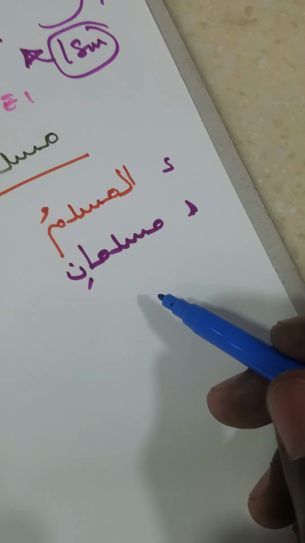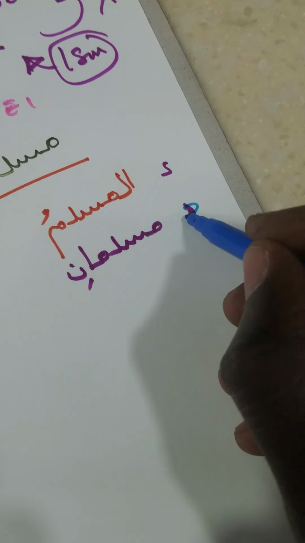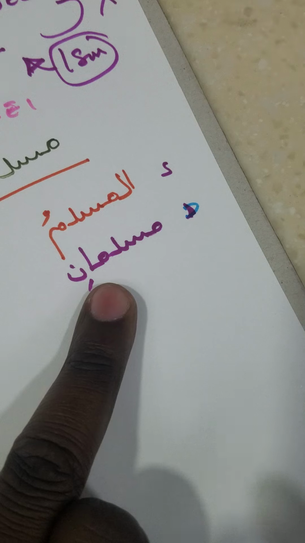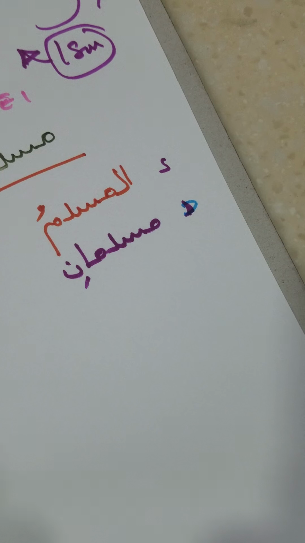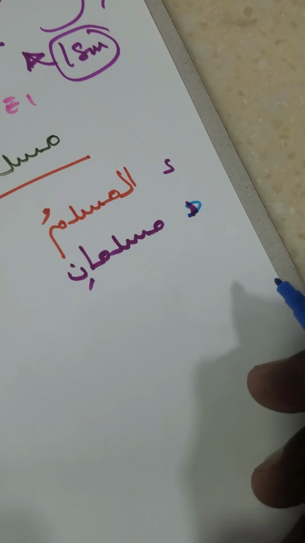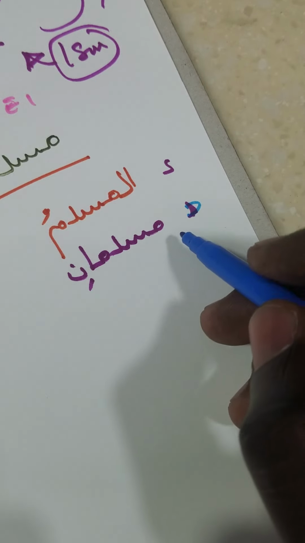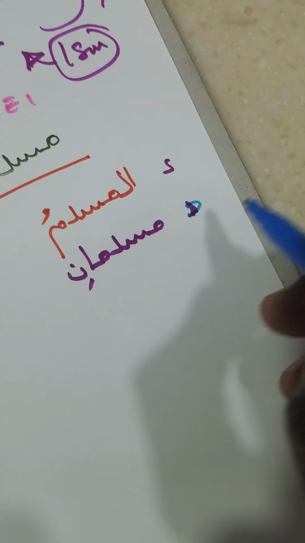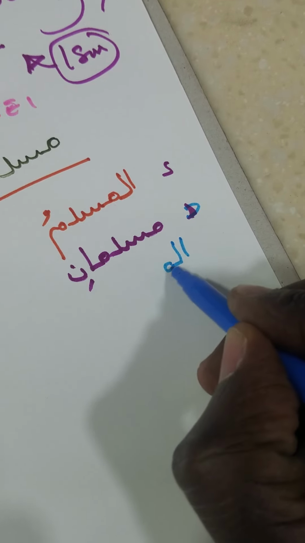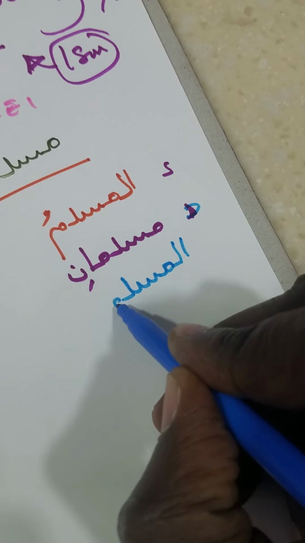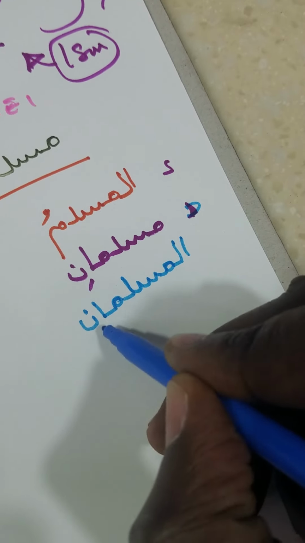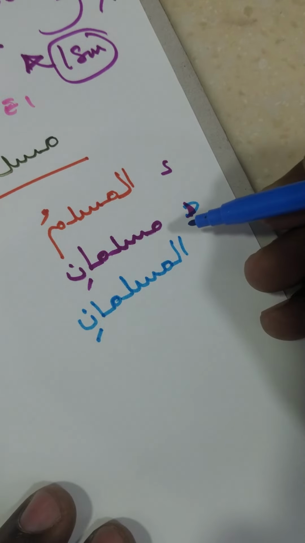Okay, I'll get this. Because now notice something here. On the dual case, this does not have any tanween. And remember the rule is tanween and al do not meet on the same isim. So it means this won't change. We shall simply put al-Musliman. We simply add al.